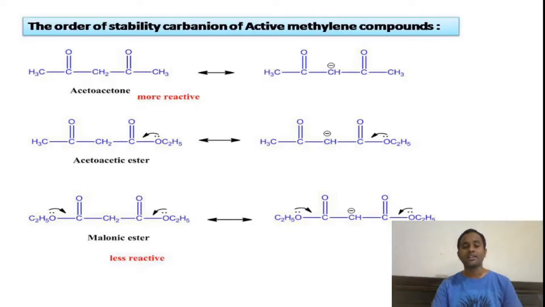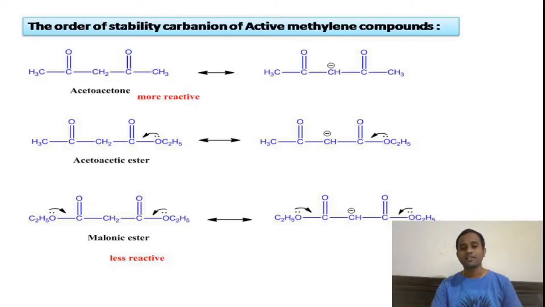Therefore it is very difficult to remove the hydrogen atoms, that is protons, from the active methylene group of malonic ester compared to the above two examples, because the two ethoxy groups are +M groups and they stabilize the malonic ester molecule.